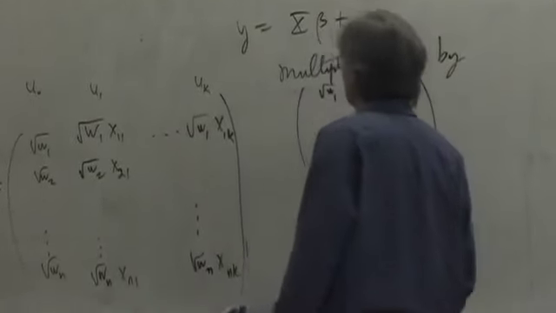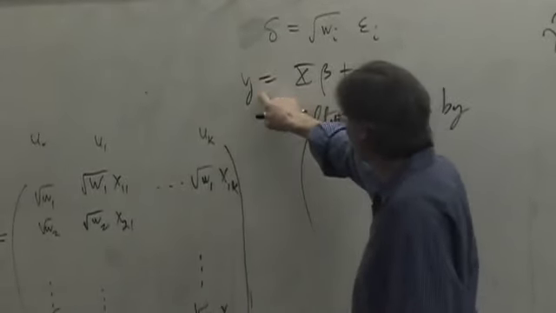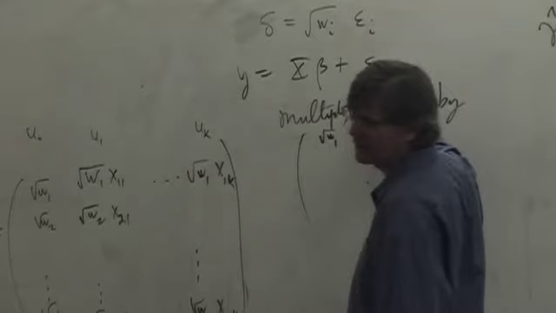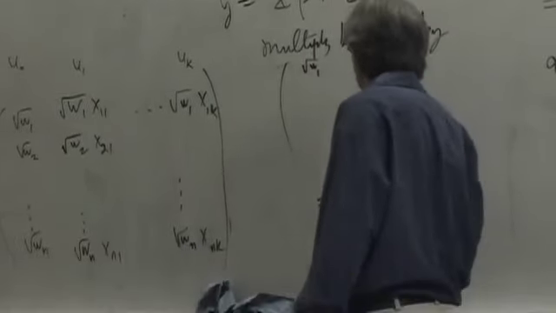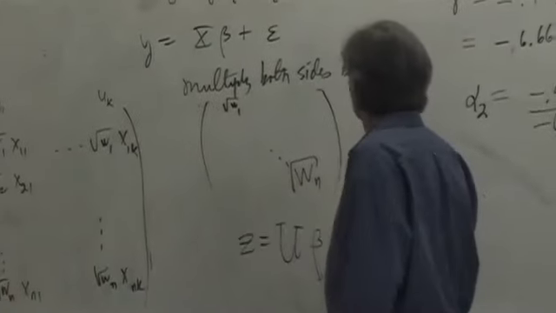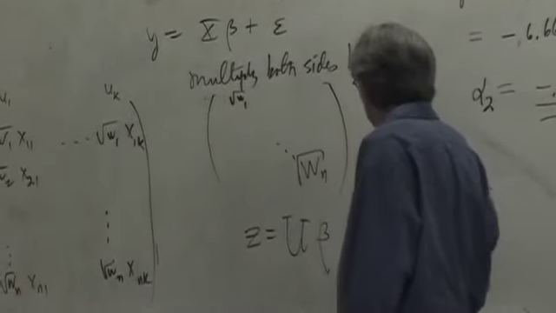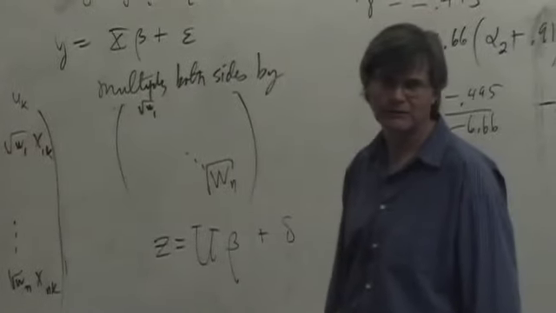And what does that do? It converts the x into the u, it converts the y into the z, and it converts the epsilon into the delta. Then I get z equals u beta, the beta stays the same, plus delta, where now delta has constant variance, sigma squared.